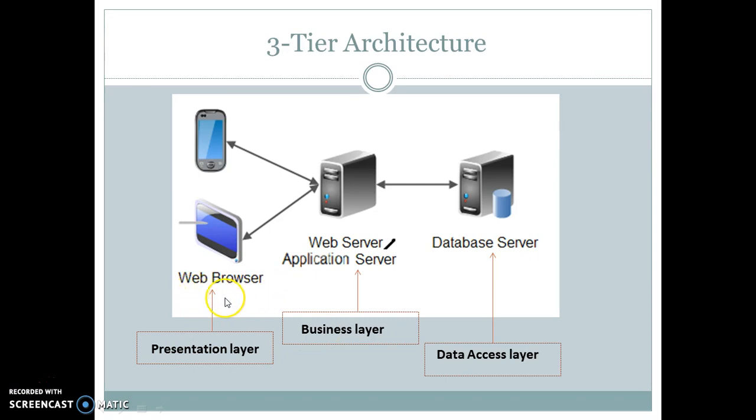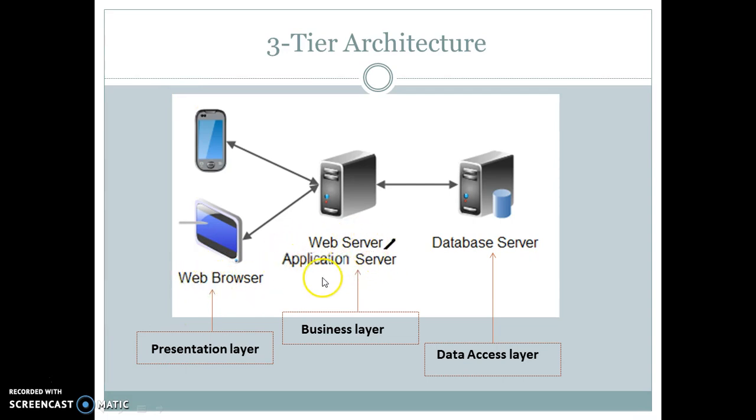Gmail can be an example application of three-tier architecture. The Gmail login page can be accessed by a mobile client, by a client using a tablet, or by a client using a desktop machine through a web browser.